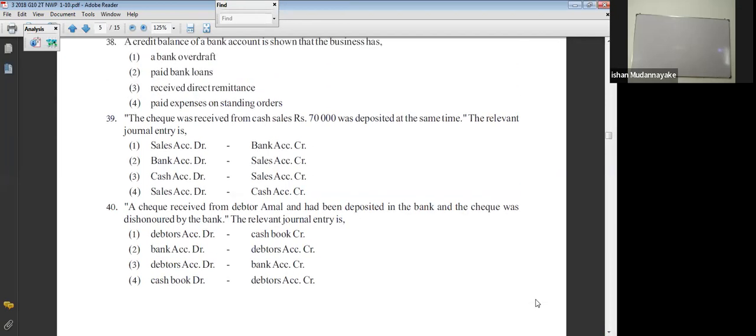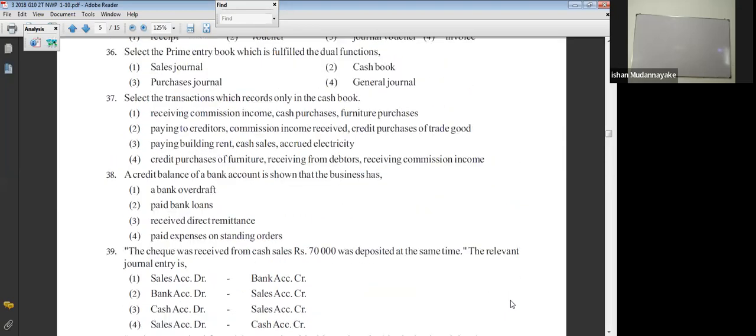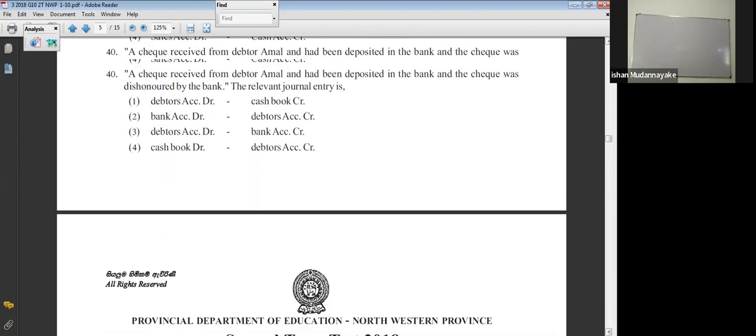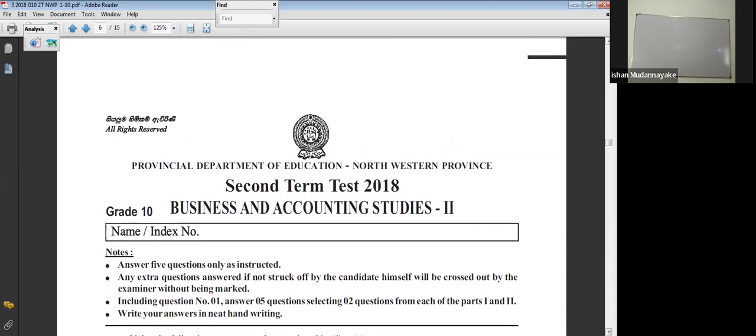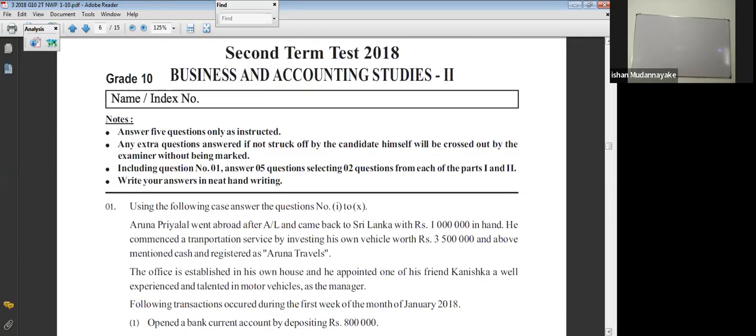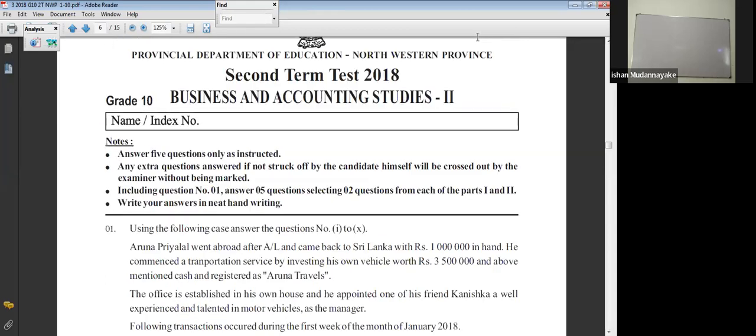I think we discussed paper 1 and paper 4 last day. Paper 4 we completed, right? Yes, sir. Then today we need to start the second paper, it means paper 5. This is the paper we need to discuss today.